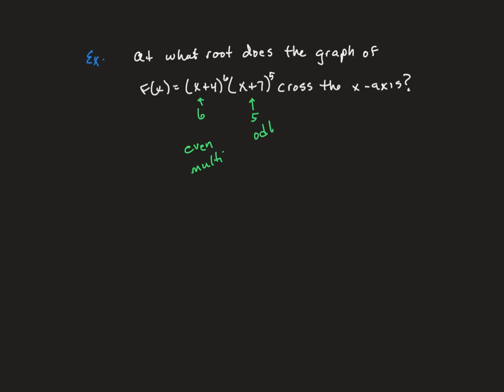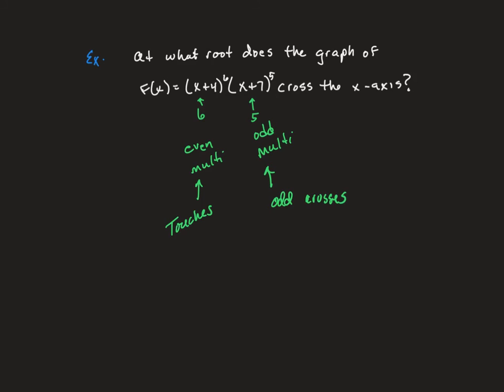This is odd multiplicity. So we said that when it's odd, it crosses the x-axis, and when it is even, it touches the x-axis. It doesn't cross the x-axis.